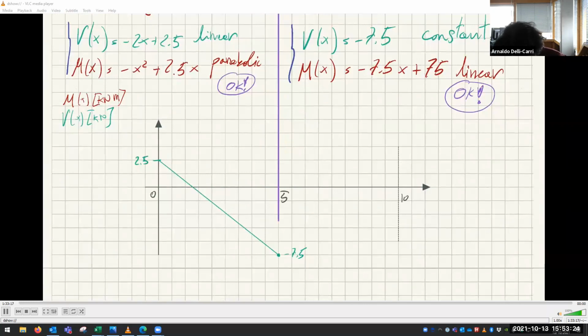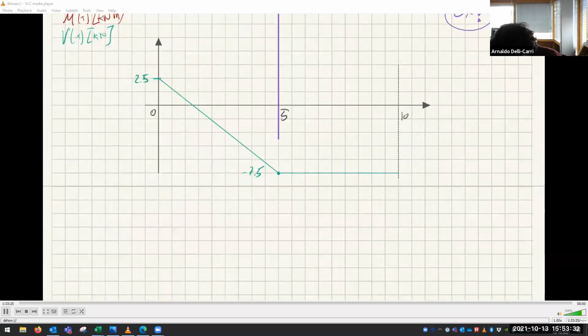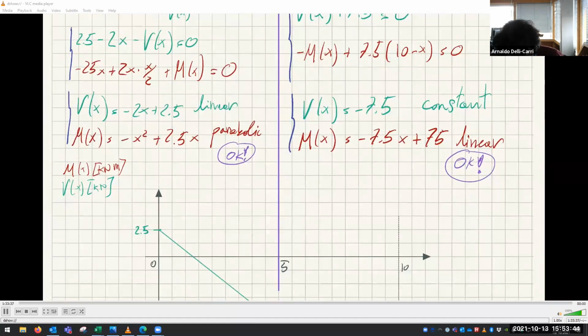And finally, from now on, this is always constant, minus 7.5. So let me put this here so it's clear for everyone. This is still minus 7.5.